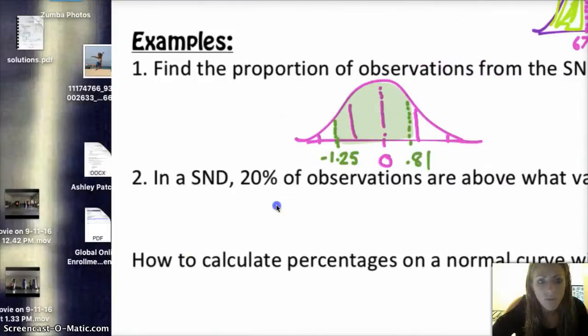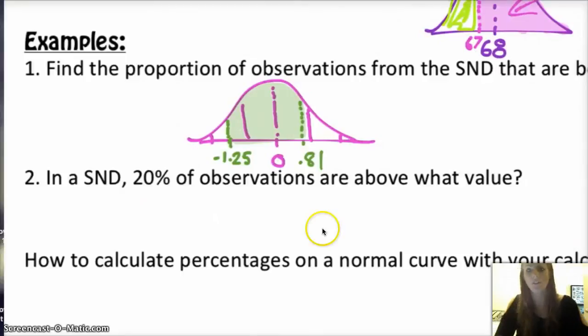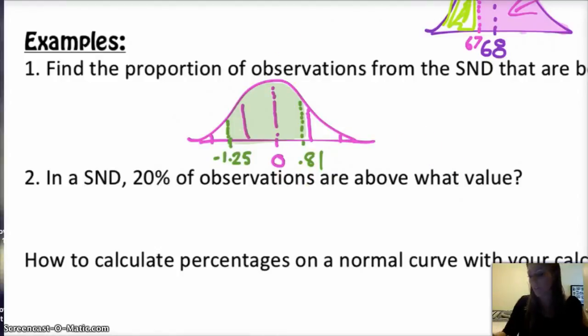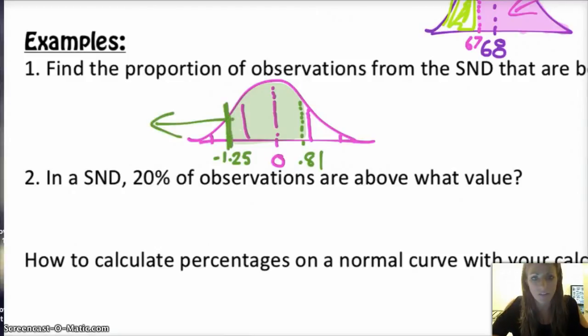Good luck. For number 1, we want to find the area under the curve between negative 1.25 and positive 0.81, so we want to go to our z table. Conceptually, because the z table only finds the area below a certain z-score, that would be from negative 1.25 to the left, or 0.81 and to the left.